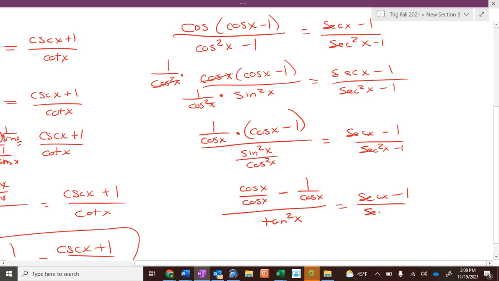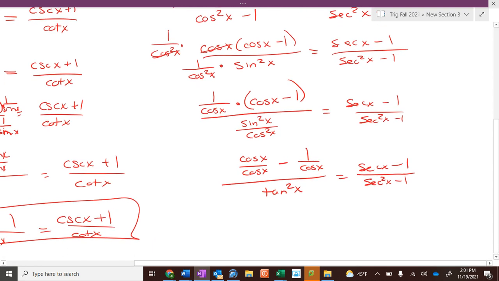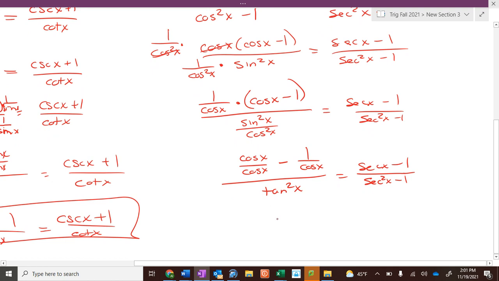When I set it up, I might have written something wrong. Don't know why I wrote it wrong, but I must have. Okay. All right. So, what's cosine of x over cosine of x? What's 1 over cosine of x? Over tangent squared of x equals secant squared of x minus 1, right?